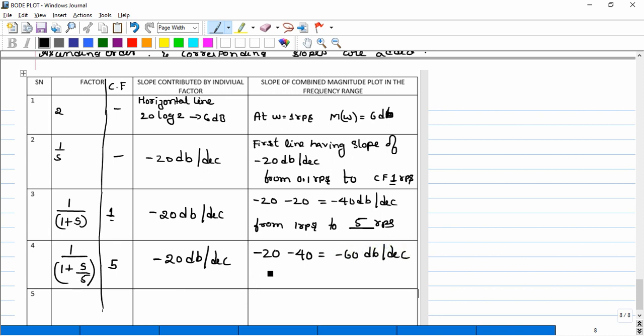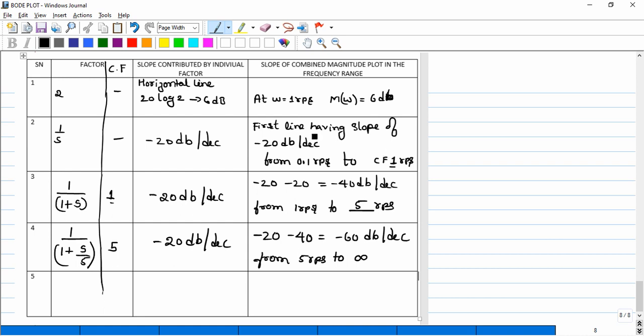And now the starting point will be 5 RPS. From 5 RPS to infinity. We don't have any other factor, so we will consider it till infinity. Okay. So this will be the magnitude plot. We use this particular table to draw the magnitude plot.